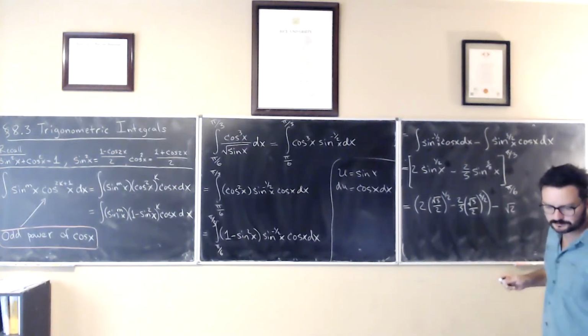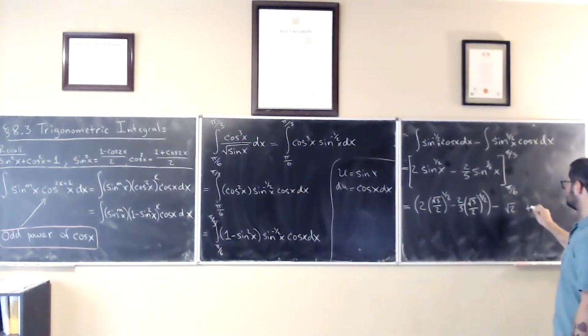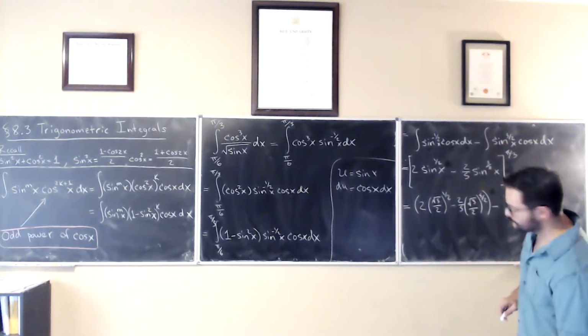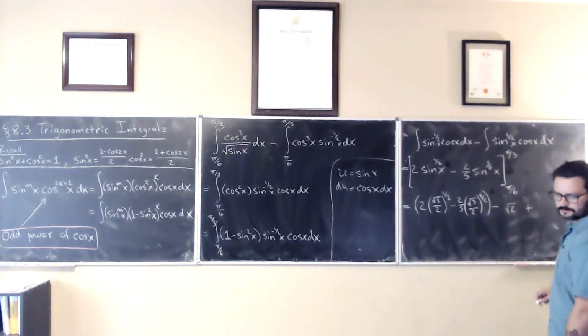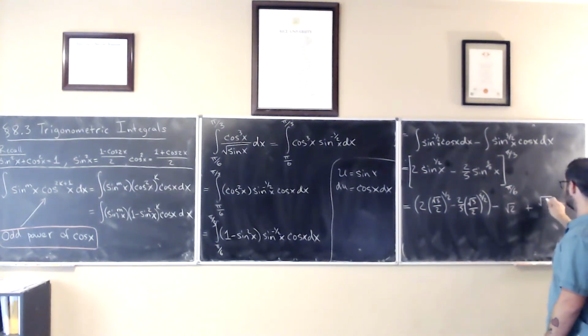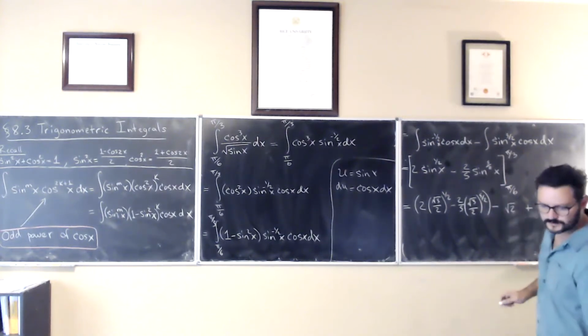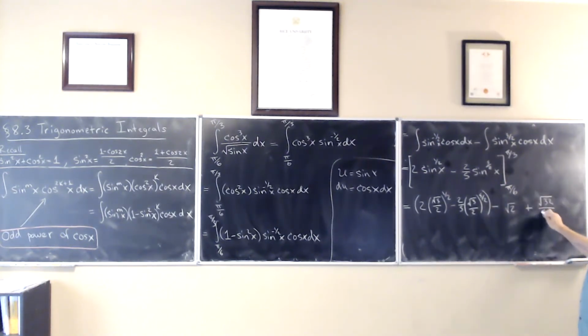So in my notes I have root 2 and then plus root 32 over 80. I don't know where that came from. Where is it?